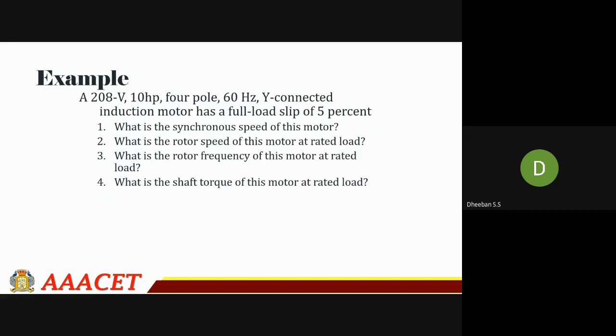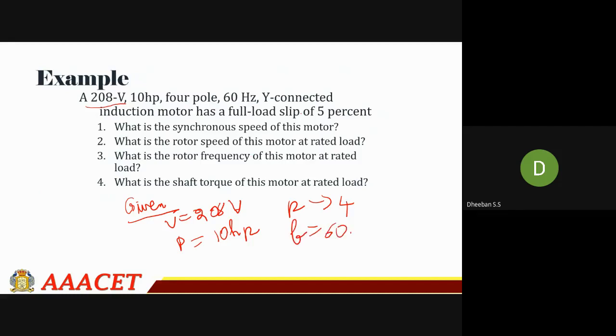We'll be dealing with a small example problem. The supply V is given as 208 volts. The power is given as 10 HP. P is 4 poles, f is 60 hertz. The full load slip is given: S is equal to 5%, so you can take it as 0.05, which is 5 divided by 100.